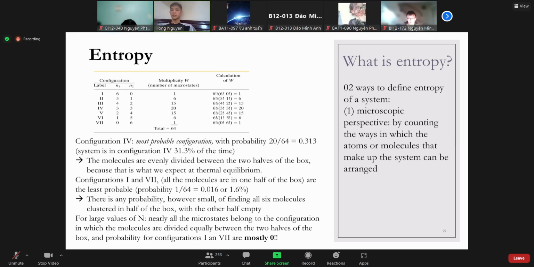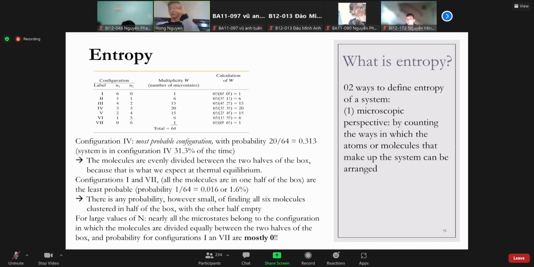The probability for the configuration where we can find all molecules in one half is very, very close to 0 if we consider large numbers of molecules. And even one more is already very small.